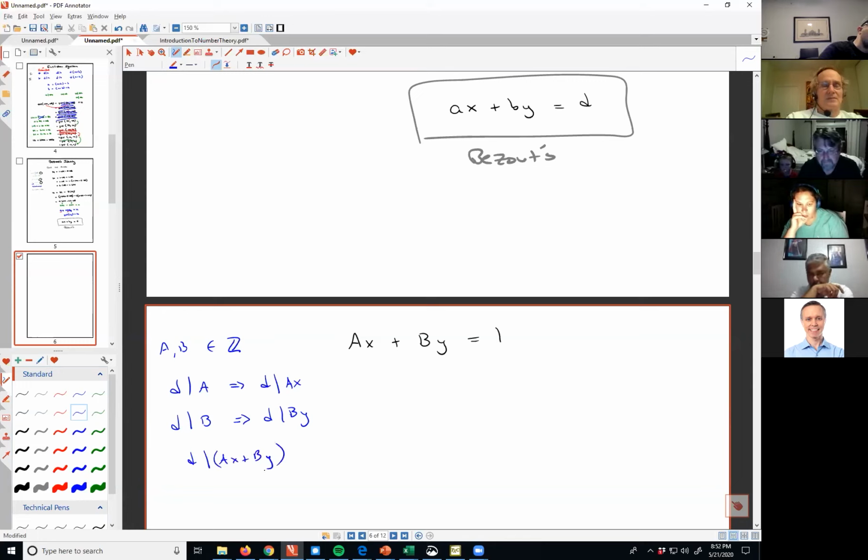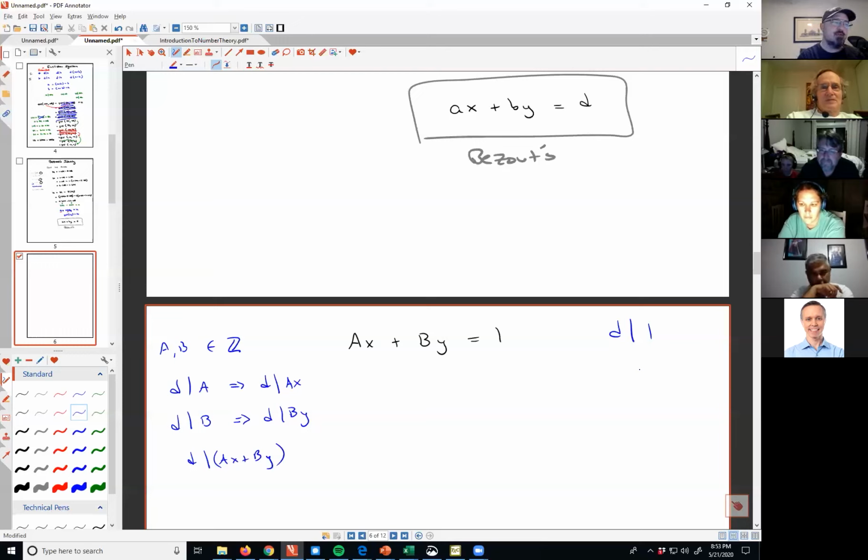And so the left-hand side is ax plus by. That means that d divides 1. So it would be a contradiction to say that there was some positive number greater than 1 that divided ax plus by. So yeah, this is not going to have solutions when we have some sort of GCD other than the unit.